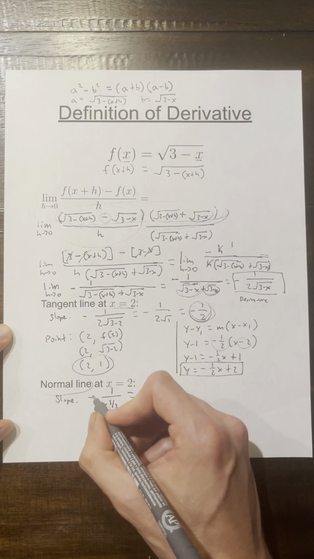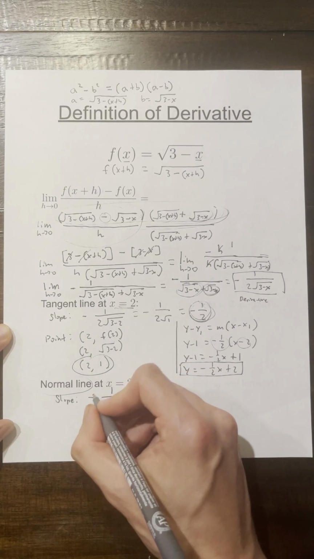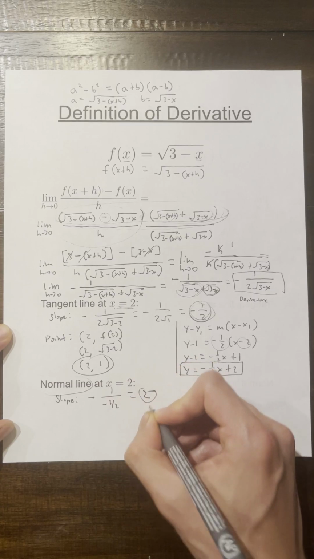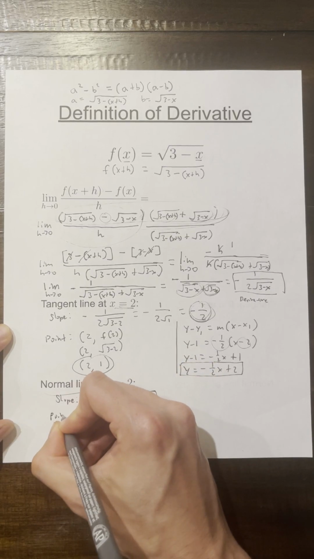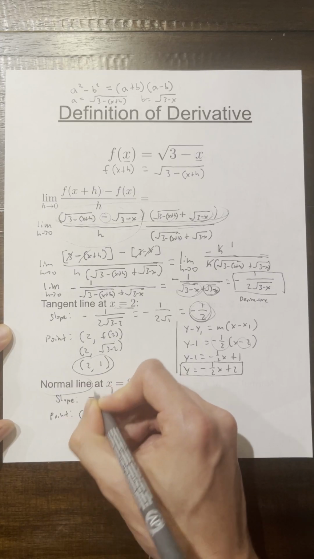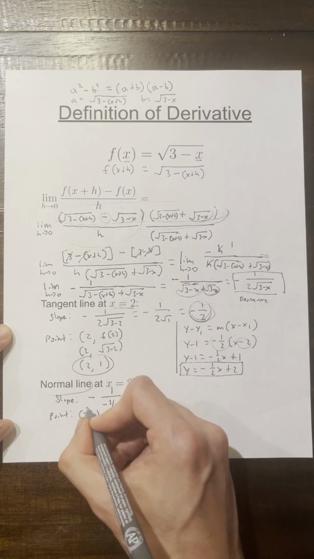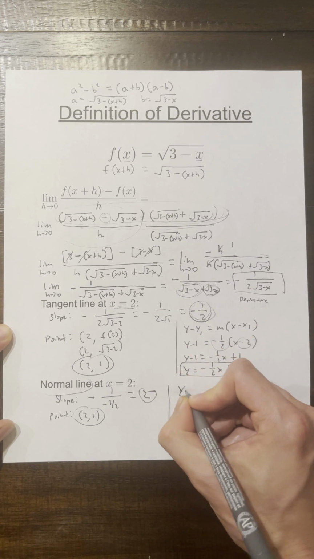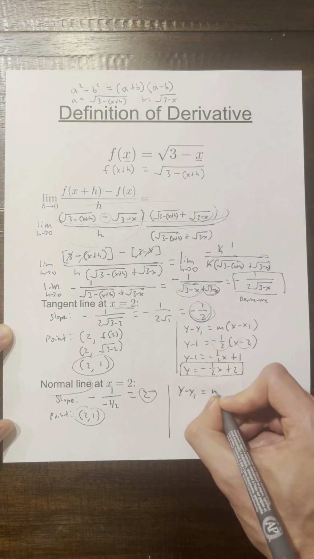With division, double negatives make a positive, so these will go away. 1 divided by 1/2 is 2. That's your new slope. And they're going to pass through the same point, so we can reuse this. And then we'll use this formula again to get the equation of the line.